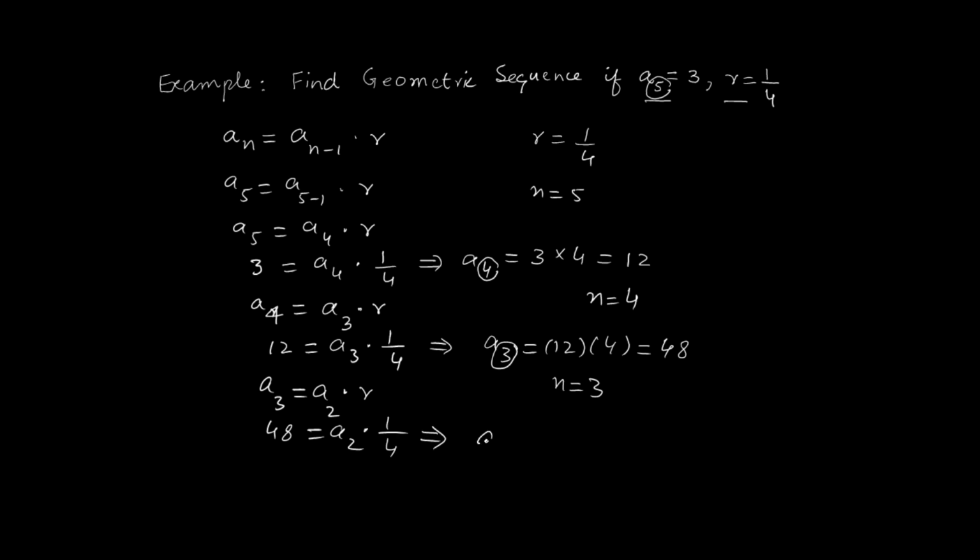So by this a2 is equal to 48 multiply 4 to 192. 4 8s are 32, 3 4 4s are 16 and 3 is 19.